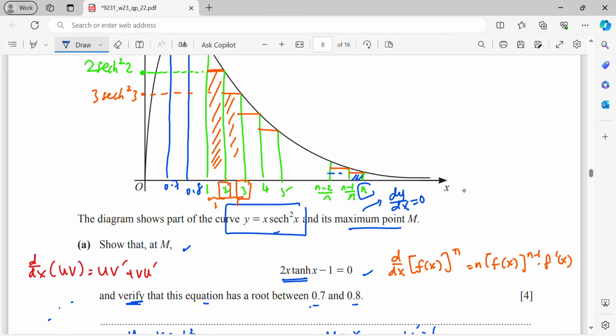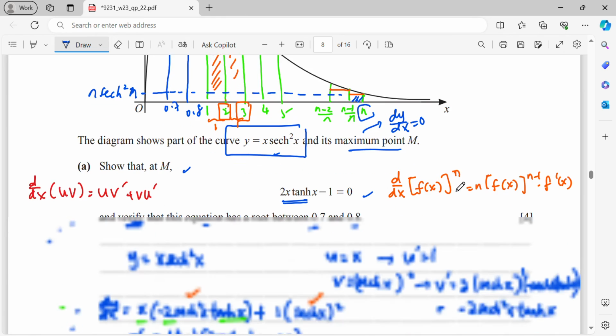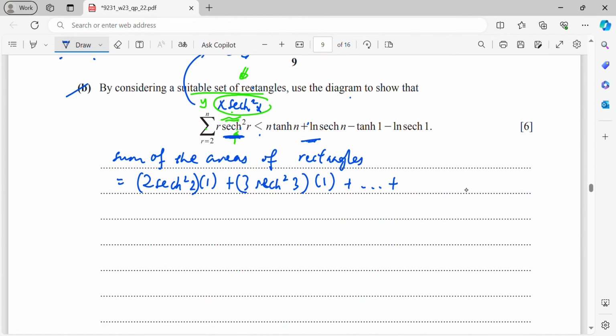That means this height is basically n secant squared n. So now here I will write plus n secant squared n. This is the height, and the base is 1. So basically, all this will be the summation of r secant squared r from 2 until n. The 1 can be ignored. That's why I'm getting this left hand side. That is the sum of the areas of rectangles.